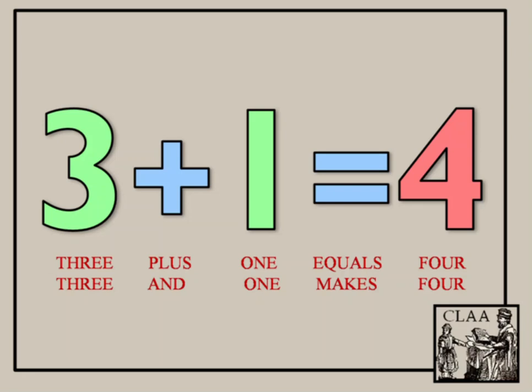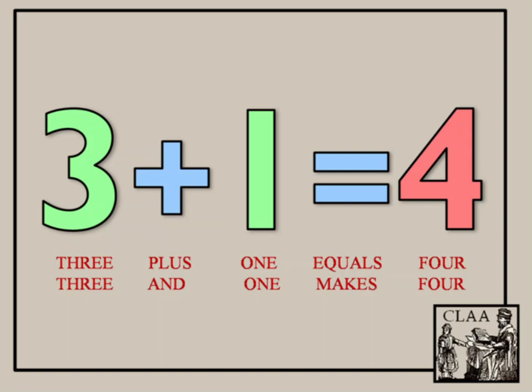Here is another addition sentence. 3 plus 1 equals 4. We learned that the first blue symbol is the plus symbol, the second blue symbol is the equal sign, and the red number is called the sum.